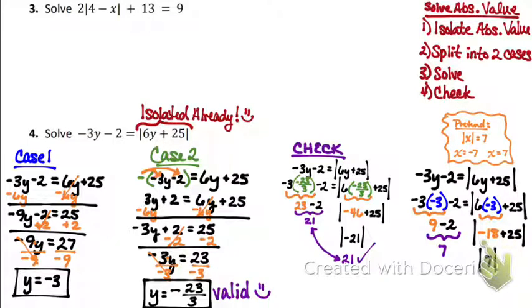Remember, all that's still inside my absolute value here. What is the absolute value of 7? 7. Did I get the same thing on both sides? Yes. And so that means our other answer is also valid.